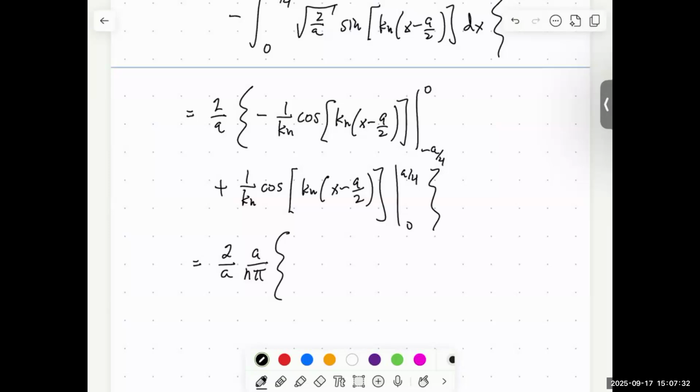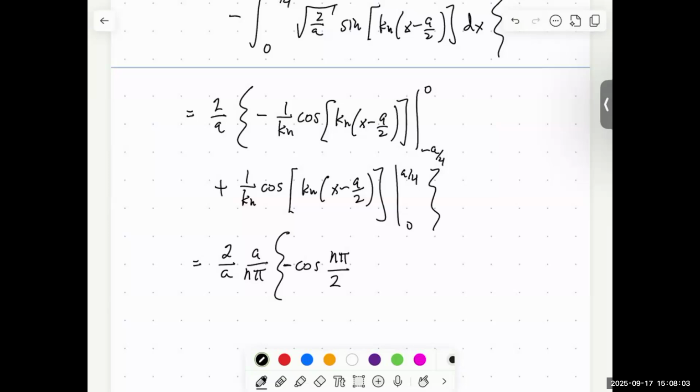Okay, so cos, if you put in the k value, it's n pi over a, and then we have an a by 2, the a's cancel, we get a 1/2. The minus sign doesn't matter, cos is an even function. All right, but sorry, this minus sign doesn't matter, this one does, so I'm going to put that minus there.